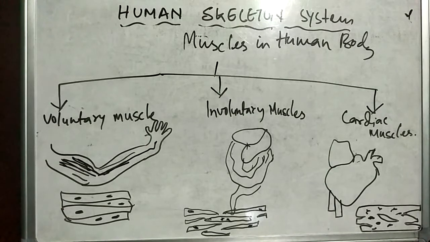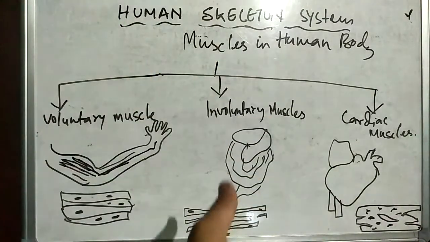These muscles are under our control, so by the activity of our hands or other muscles, they can expand or compress. That is why they are called muscles under our control. These muscles are present in our arms, hands and legs. Okay, the locations of voluntary muscles are arms, hands and legs.